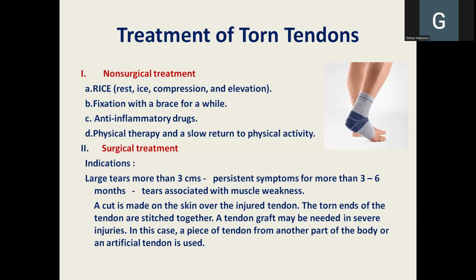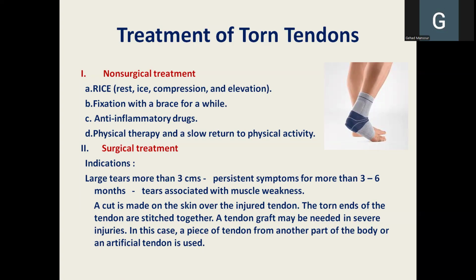Therefore, if the patient can withstand pain, and if the threshold of pain for the patient is high, this doesn't mean that you will leave the patient as he is without surgical intervention.